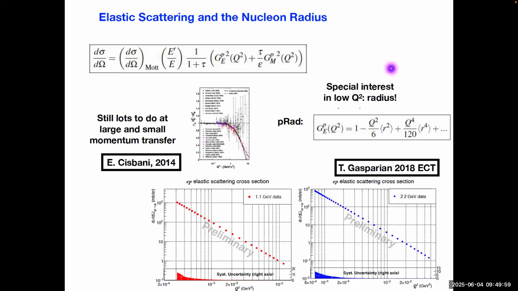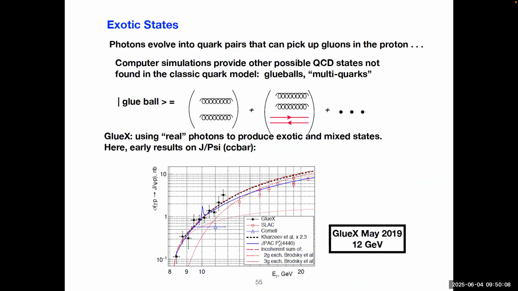Anyway, there are neat data about this kind of thing. There's certainly more data since these. You can find exotic states, and JLab is looking for exotic states, things where somehow the lowest state is maybe two gluons or three gluons. Why not?